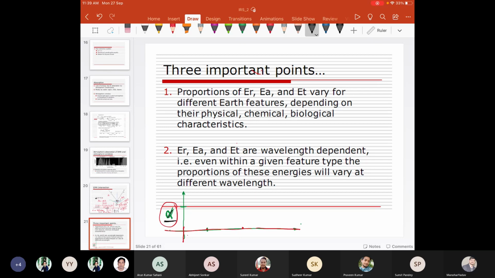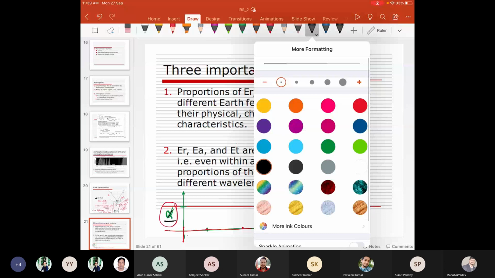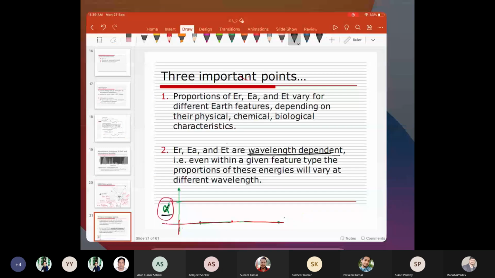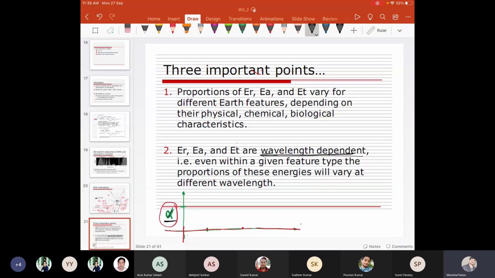Okay. So based on our discussion, point number 1 and 2 both, I think point number 2 talks about how this energy is wavelength dependent.